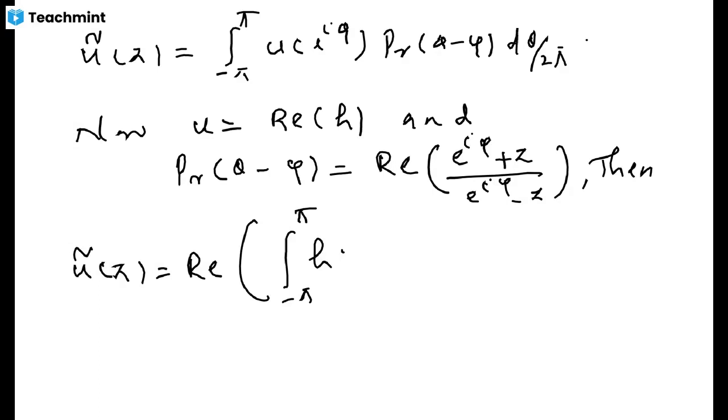We can take this to be the real part, or we might keep it as the real part of u, but it is better to take the real part of h. No, it has to be u, because in multiplication we cannot write it that way. It has to be the real part of.